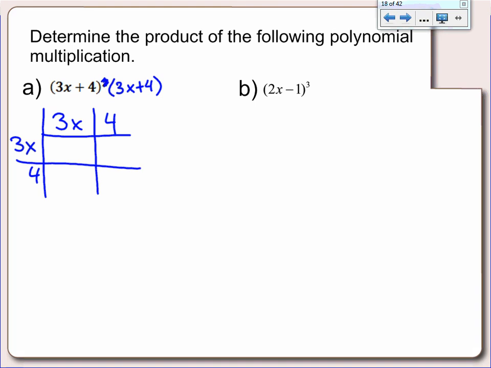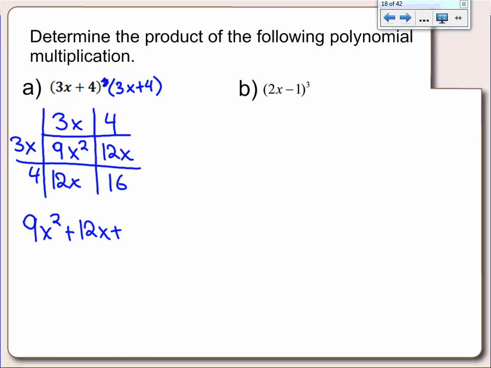So I'm going to fill out the inside here. I got those numbers by just multiplying like we have been previously. Your last step is to write them all out and then collect your like terms. If you want to use the trick of collecting the like terms before writing them all out, that's okay.